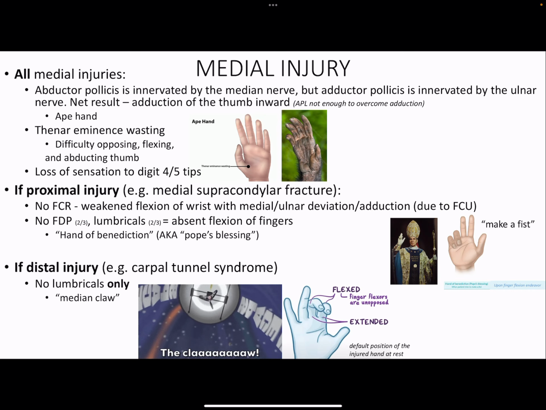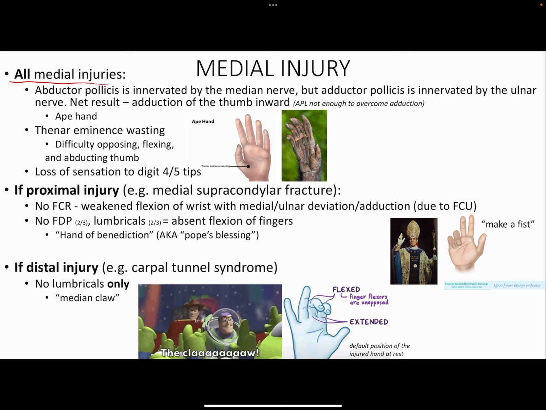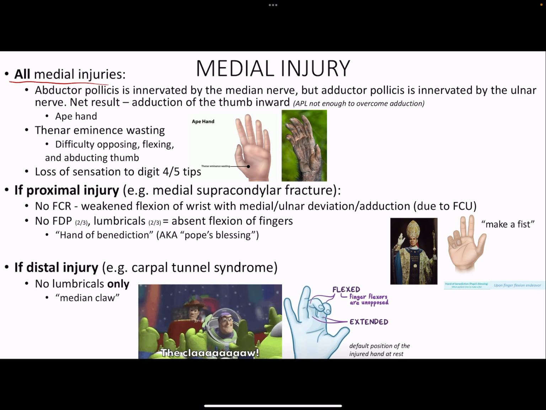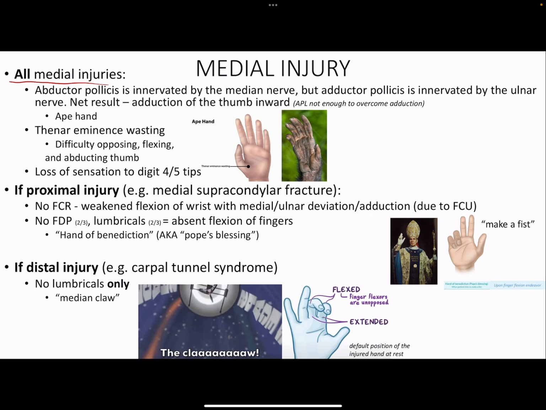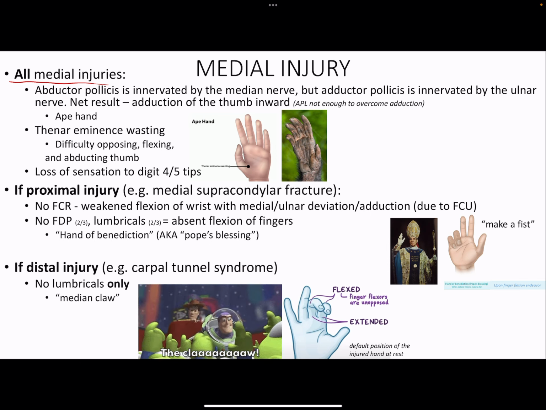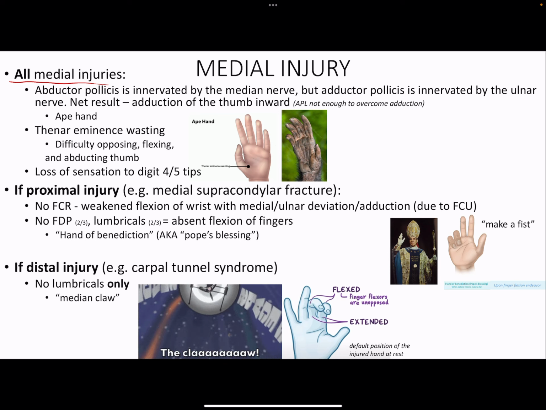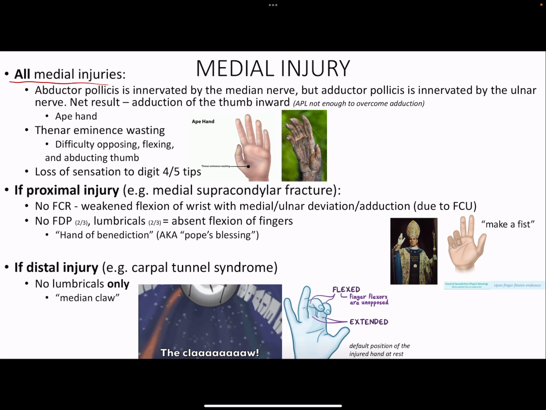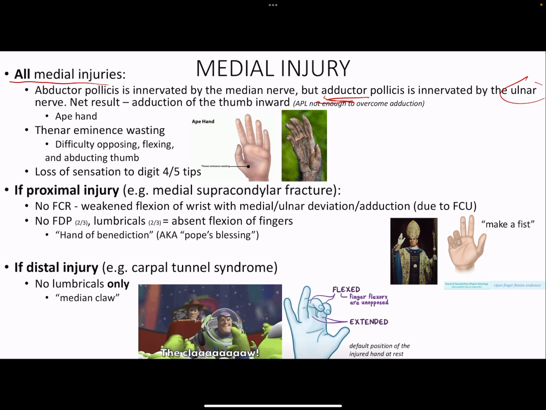Median injury. In all median injuries, the median nerve is going to innervate the pollicis. Specifically, if we think about it, the abductor pollicis brevis is innervated by the median nerve. Remember that we just said the adductor is innervated by the ulnar nerve.